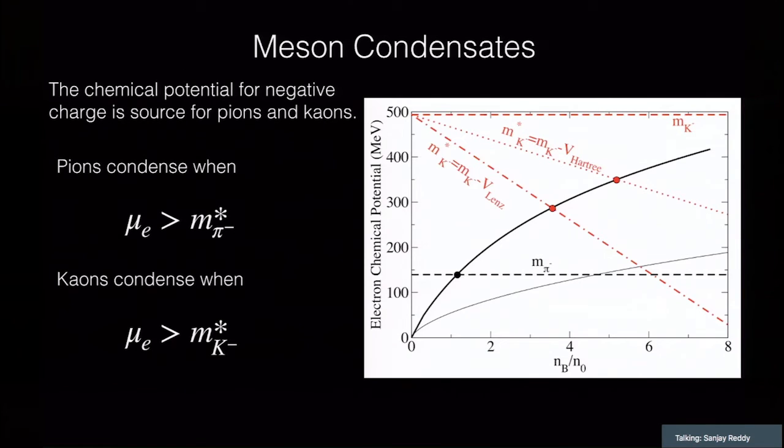So there are different models for calculating the interaction energy of kaons with nucleons, and based on different approximations, you can get a transition to matter containing kaons either at around 4 times nuclear density or at much higher densities like 6 times nuclear density.